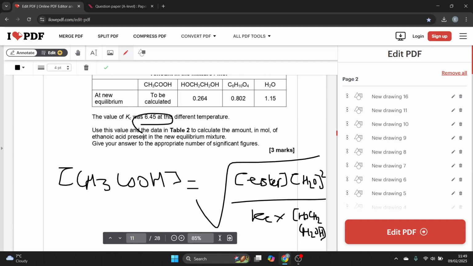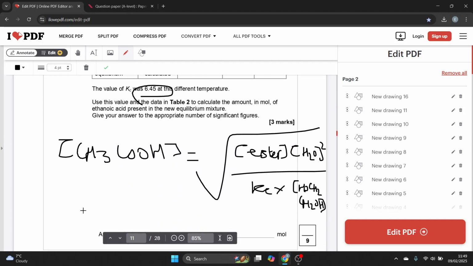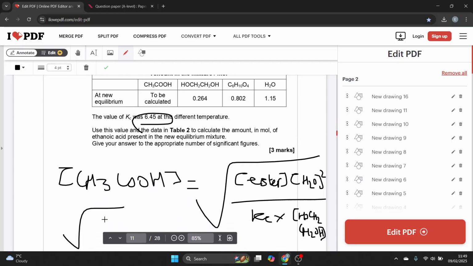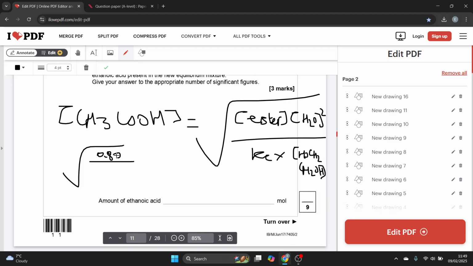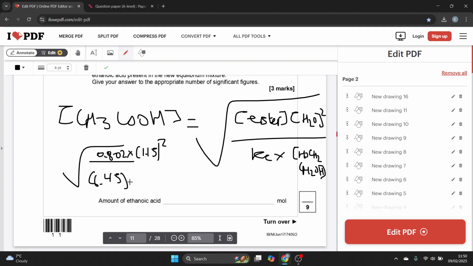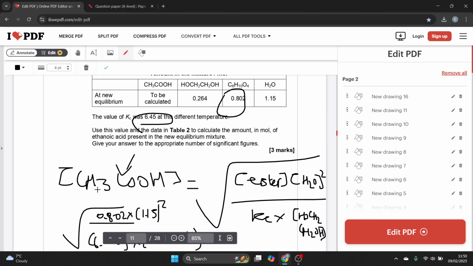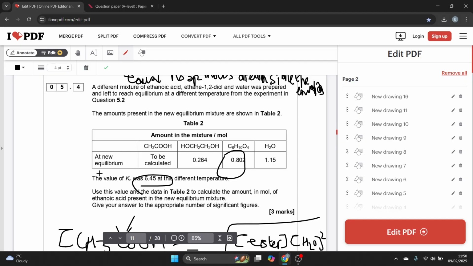I've got Kc, that's really nice, and I've got the equilibrium moles, and I know the volumes cancel out, so all I'm doing now is substituting these values in. So square root of the ester, which is this 0.802, times H2O squared 1.15 squared, divided by Kc 6.45, times 0.264, and then that will give me the concentration of ethanoic acid.